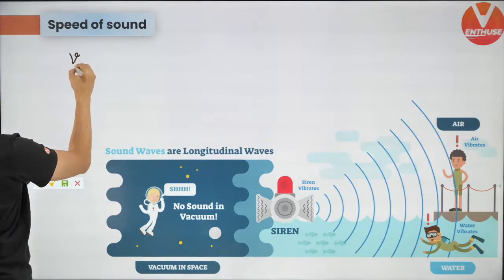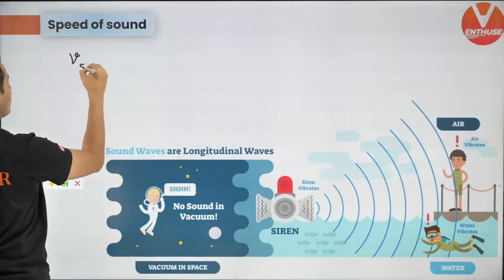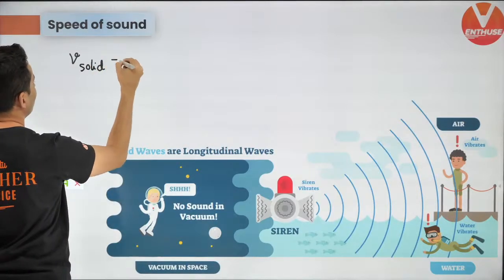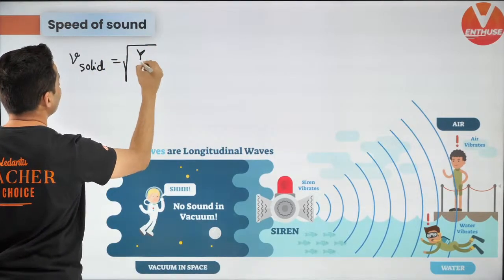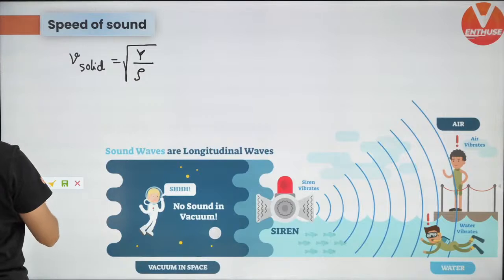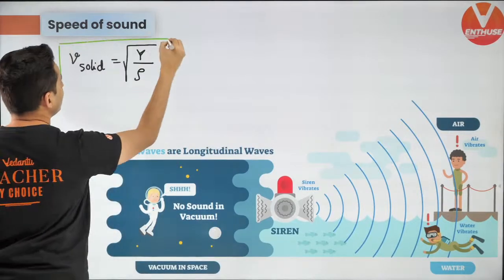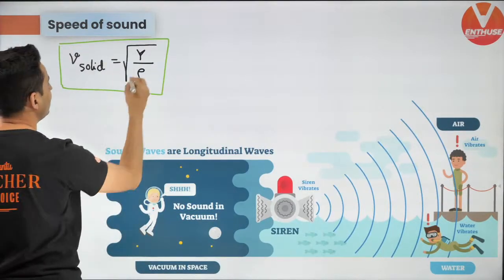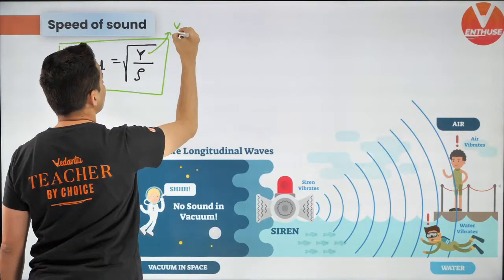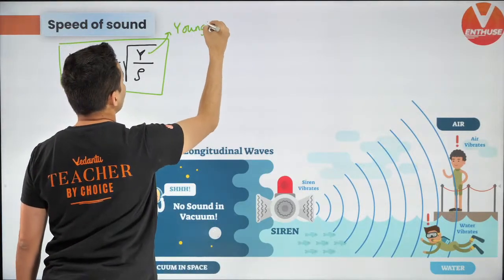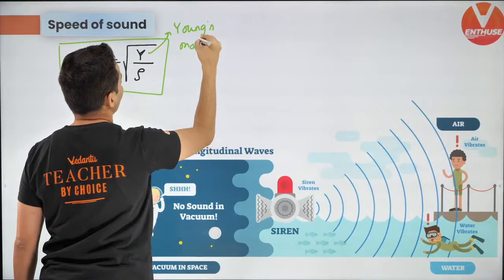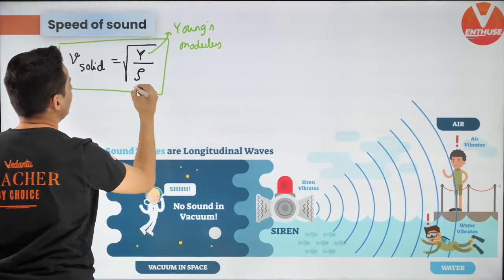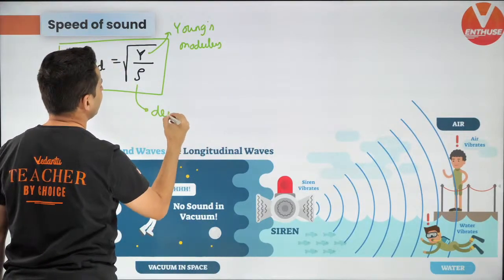So guys, speed of sound in solids is root of Young's modulus by density. Keep this in mind. Y is Young's modulus, and rho is obviously density.